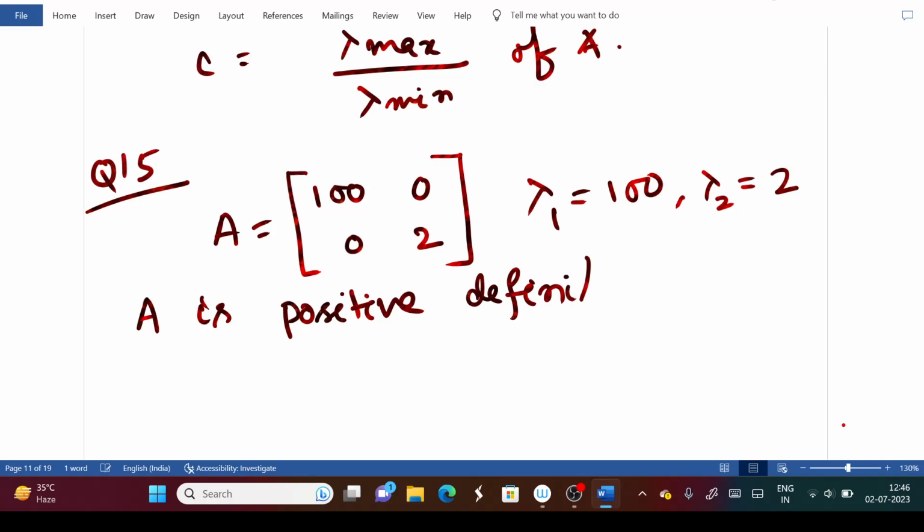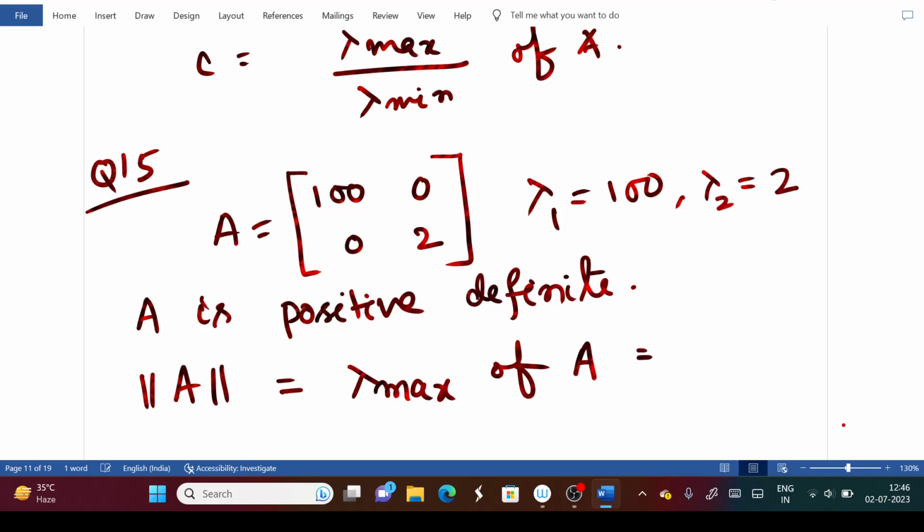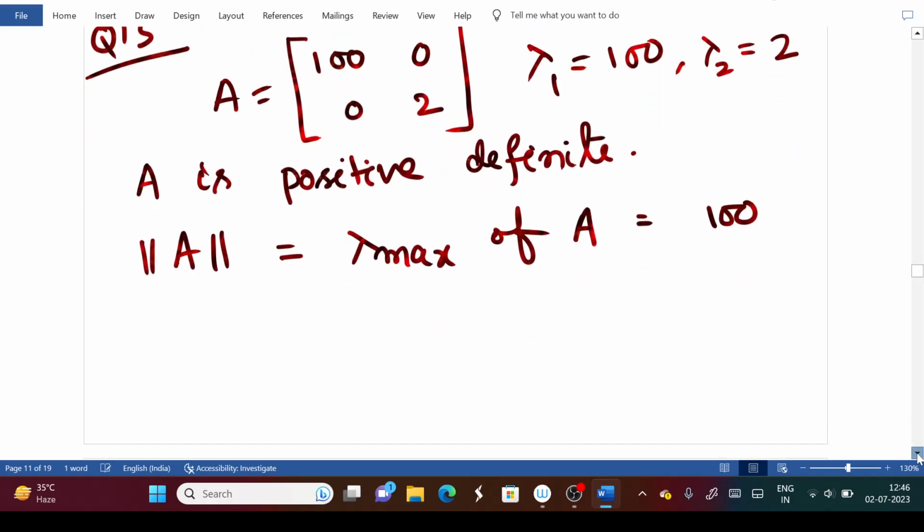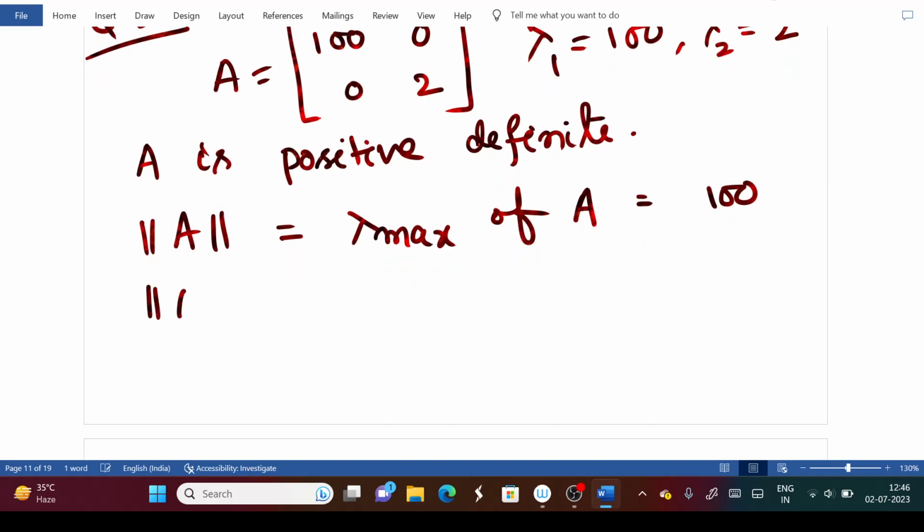Because A is symmetric with all eigenvalues positive. For positive definite matrices, the norm of A is equal to lambda max of A, which is equal to 100.